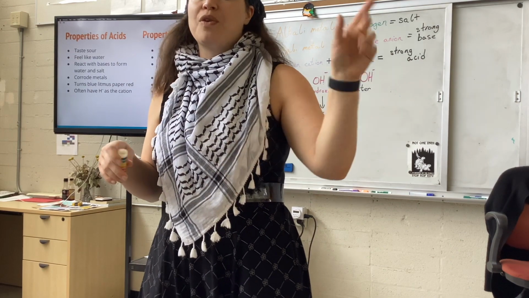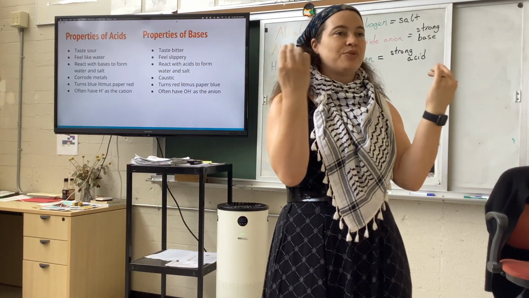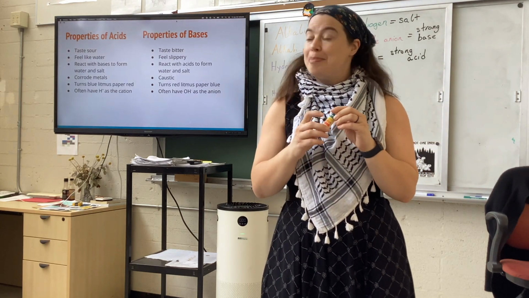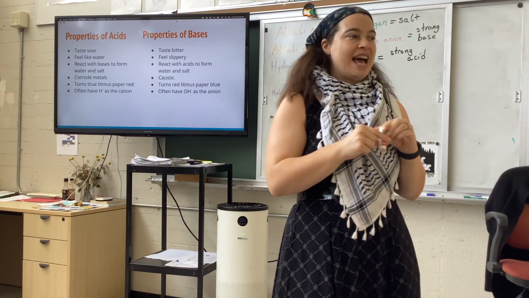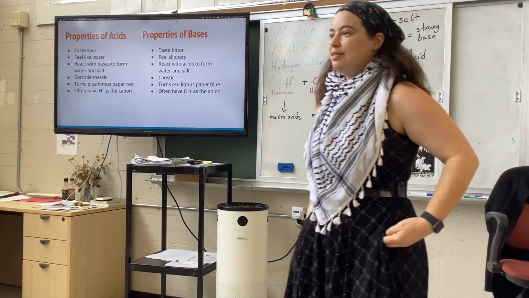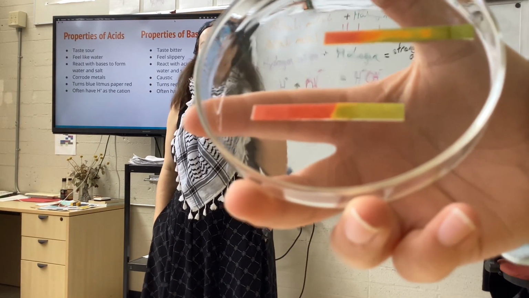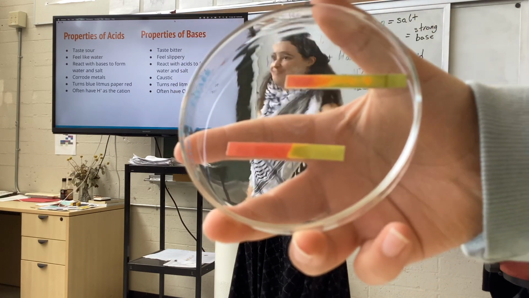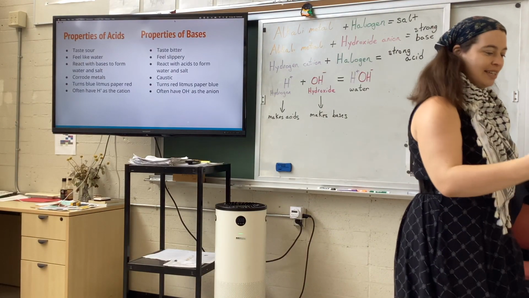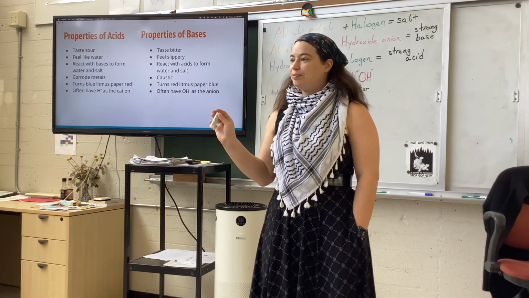Some folks put one drop on one end of the paper and a different drop on the other end, and can see the gradient in color between them, where it's got that neutral color in the middle. So we can see the neutral yellow going to the basic blue or green, and the acidic red or pink.